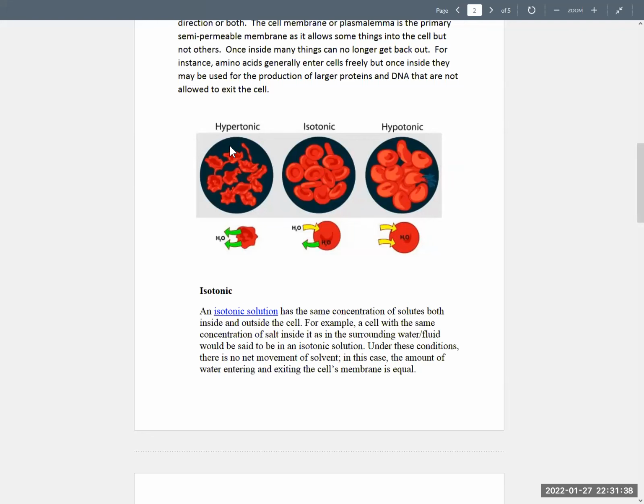Water is going to head for it to dilute it down. Water moves fast, faster than any solid. And the water leaves the red blood cells going into the high tonicity area of the plasma. But in doing so, the red blood cells are squished. Okay? They're not going to function properly.